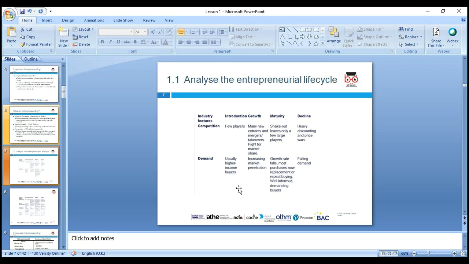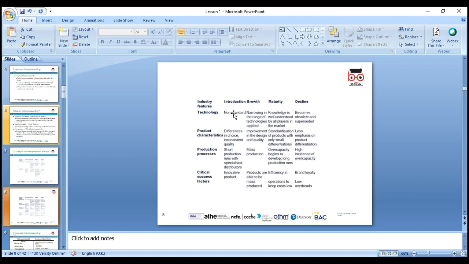Then we reach maturity, then there is decline. So these are the processes. Demand at the introductory stage, maybe with new ideas, can be very high, then the ideas grow, then they reach maturity, and then they start declining. So we are always looking and developing new things.